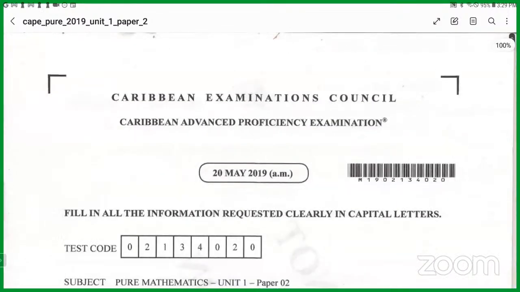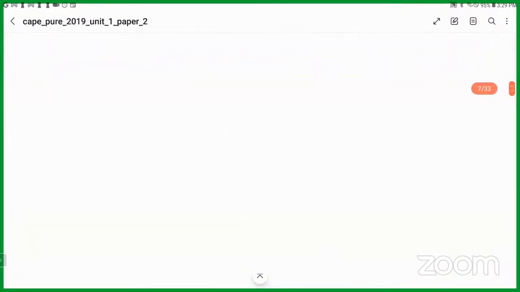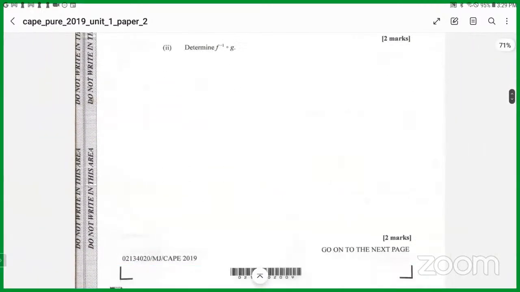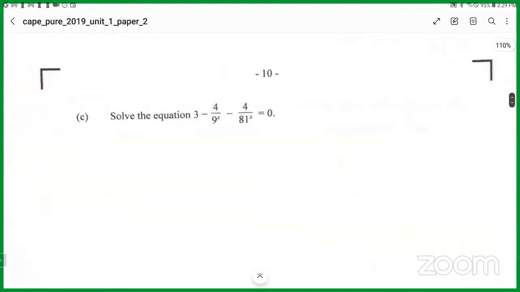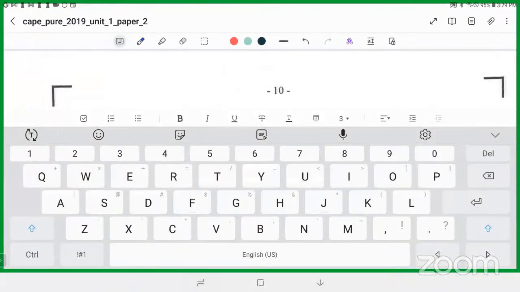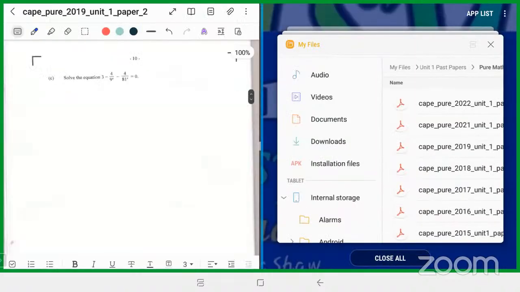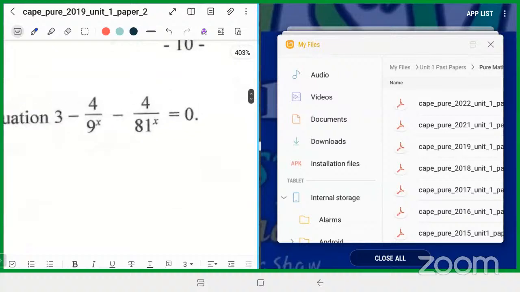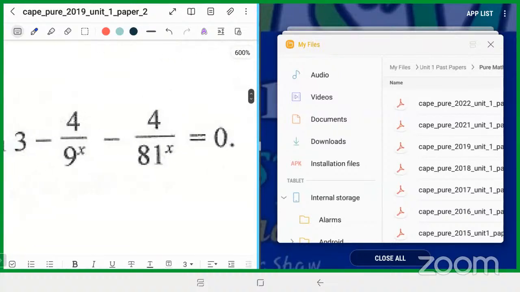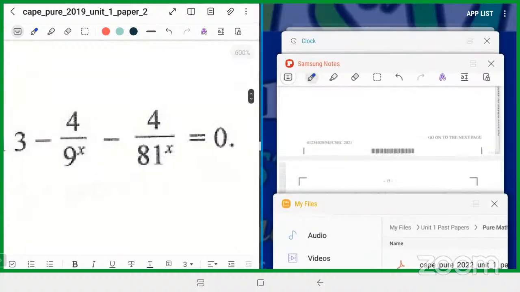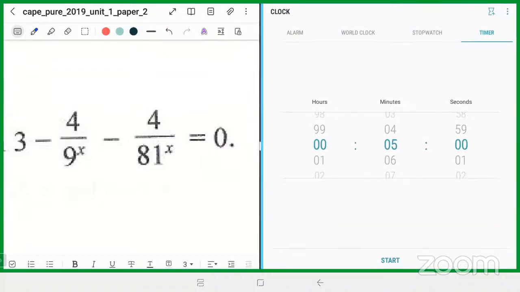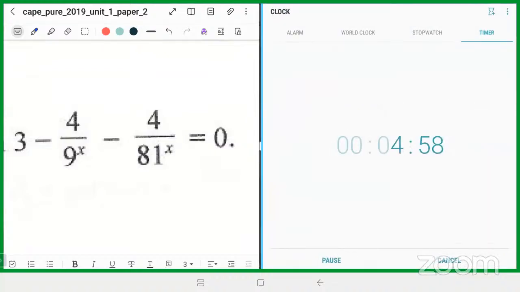Where is that one from, guys? Advanced and pure maths.